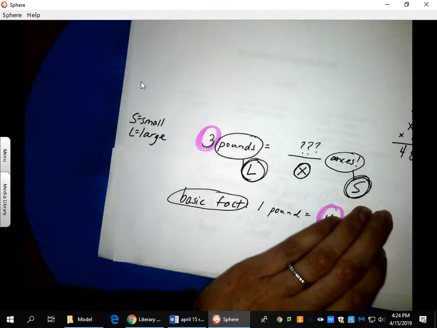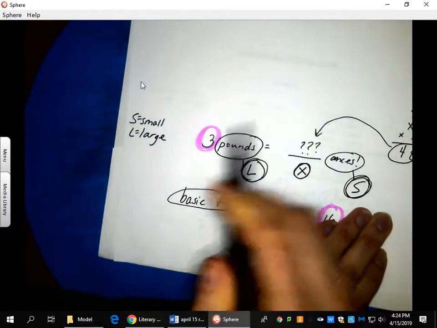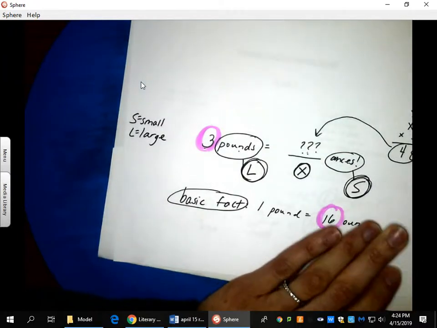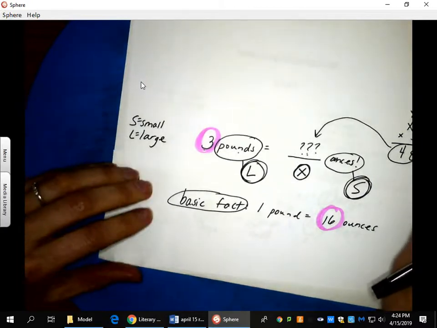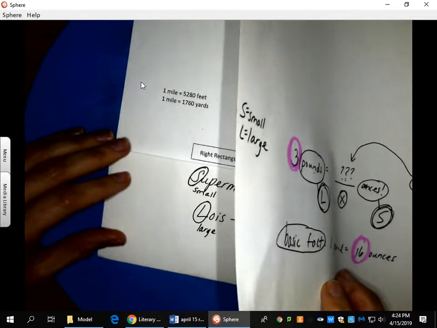So that means I'm inserting that number into the missing piece. So 3 pounds is 48 ounces. Okay? So that is how we convert customary measures.